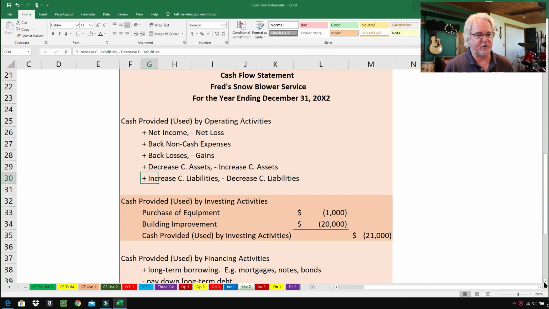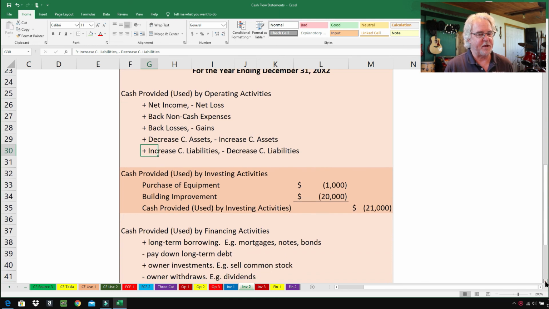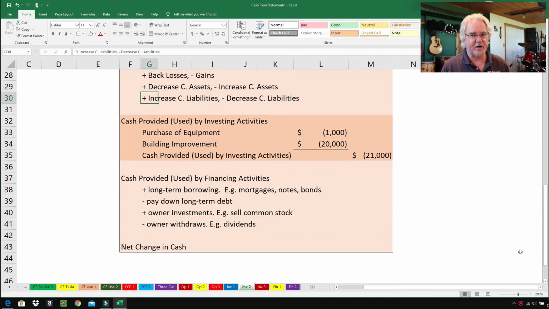So that's what we do. And if you're confused about all that, go back and watch the videos on operating activities on cash flow statements. Cash provided by financing activities. Well, this has to do with long-term debt, borrowing long-term debt, or paying back long-term debt. And it also pertains to owner investments or owner withdrawals, any transactions that involve owners.